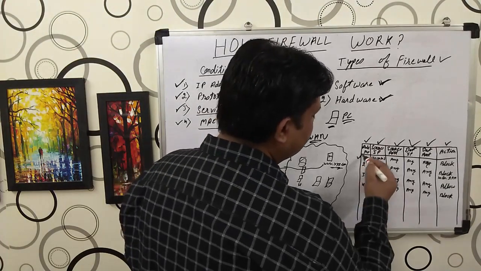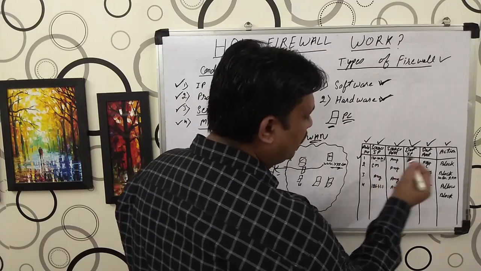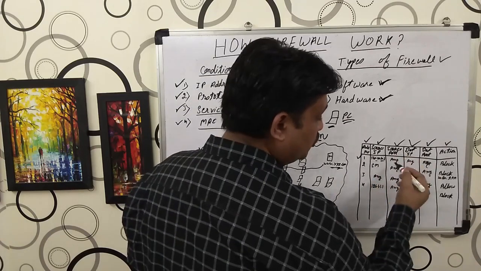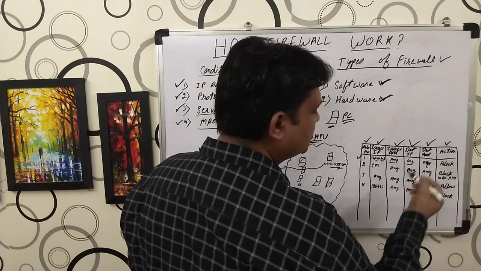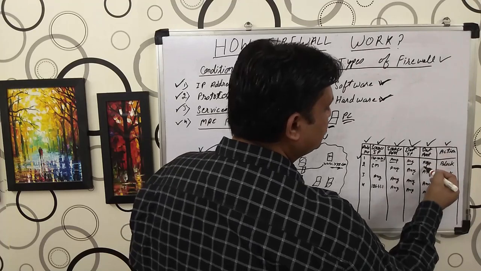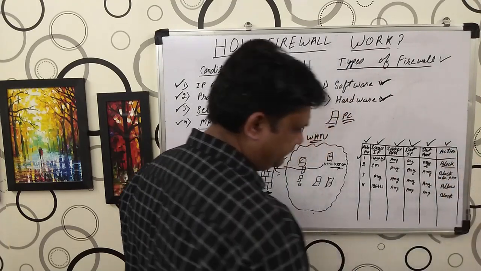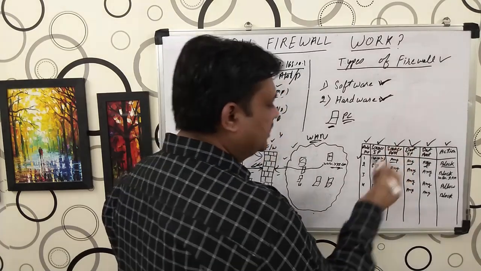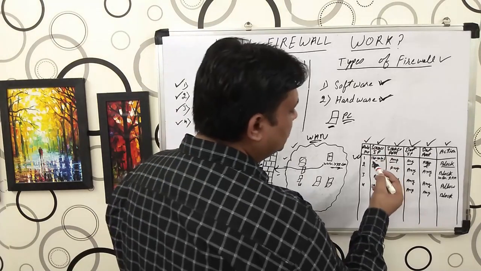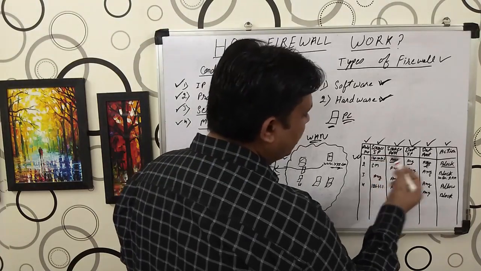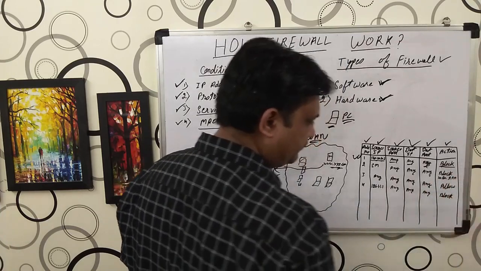So, for example, the first rule says source IP 176.10.10.1, source port number any, destination IP address any, destination port number any, and the action says block. This is the right condition, because you said if some packet is carrying this IP address, it should be blocked.